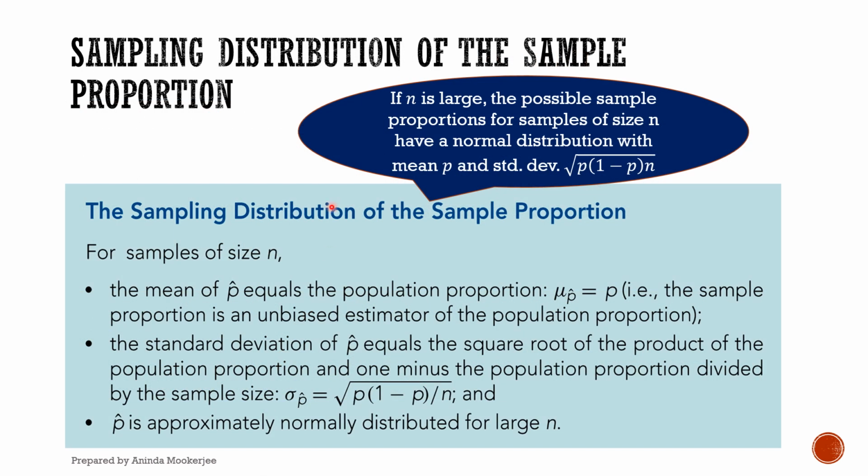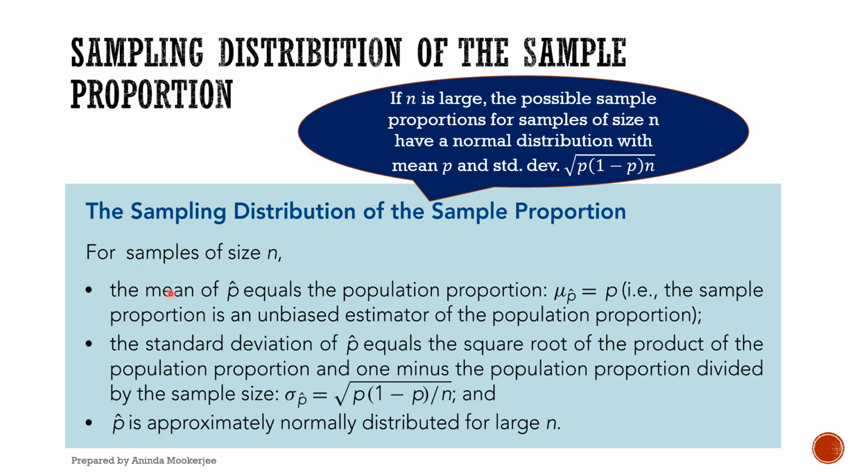Now we will go into talking a little bit about the sampling distribution of the sample proportion. Before we go into any study, especially inferential study, we have to identify how the sampling distribution is. And sampling distribution means we talk about the mean.